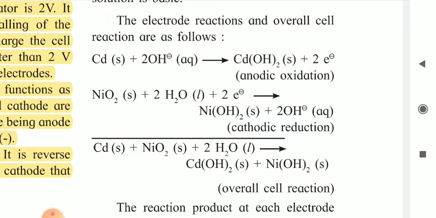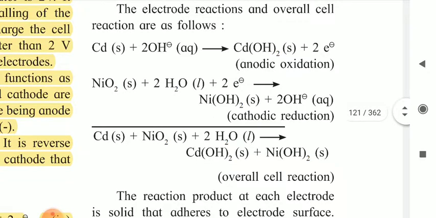And at the cathode NiO2 is present, and when the moisture H2O comes in contact with it, by receiving 2 electrons from the anode, it will form Ni(OH)2, that is nickel hydroxide, along with 2 OH minus ions. So this is the reduction process.